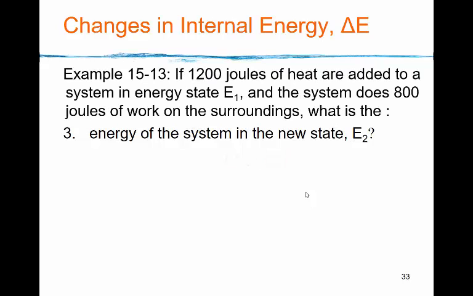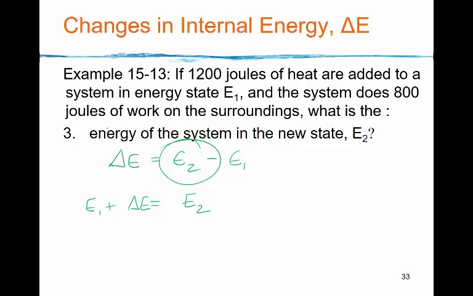Third, what's the energy of the system in that new state? We said that the change in internal energy was what it's like now minus what it was like at the beginning. So if we rearrange this to solve for what it's like now, E sub 2 would equal E sub 1 plus delta E. I moved it over and changed the sign.